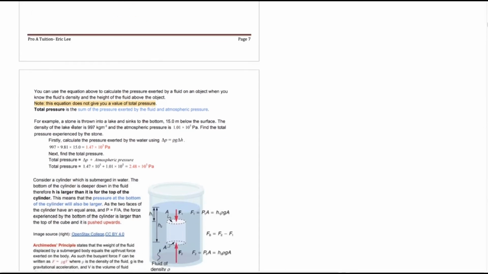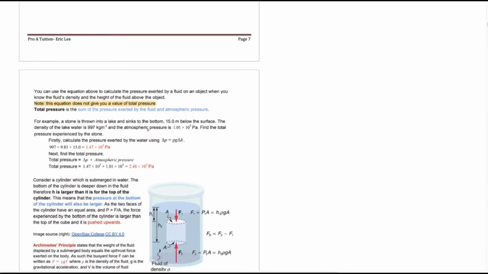Okay, so for example, a stone is thrown into a lake and sinks to the bottom 15.0 meters below the surface. The density of the lake water is 997 kg per meter cube, and the atmospheric pressure is 1.01 times 10 to the power 5 Pascal.